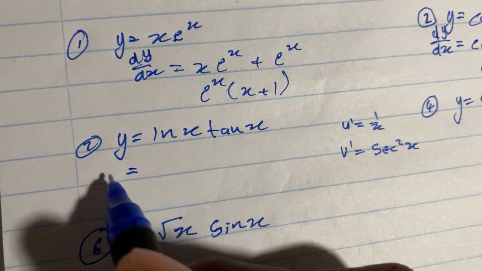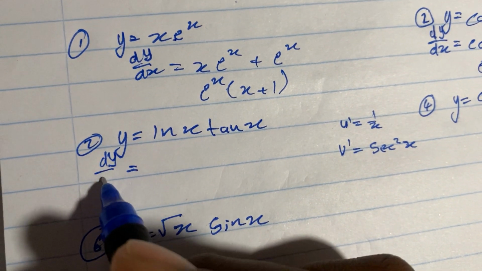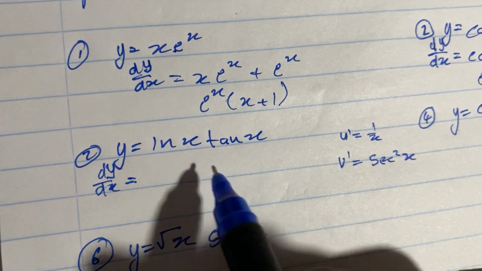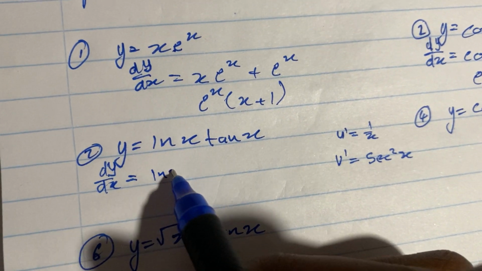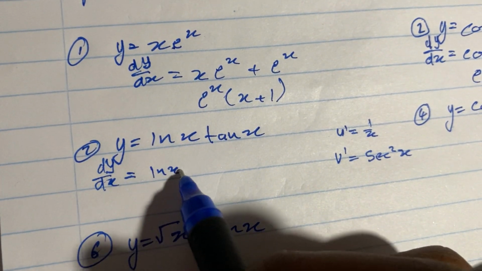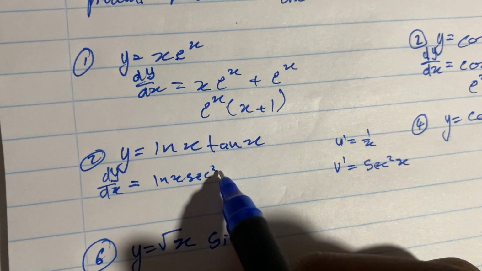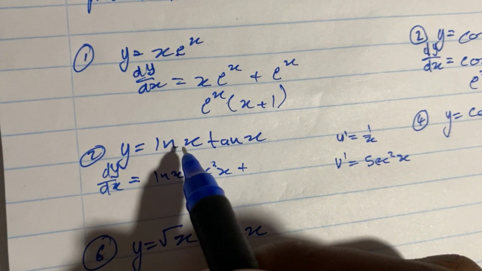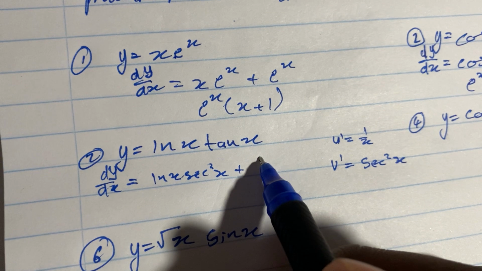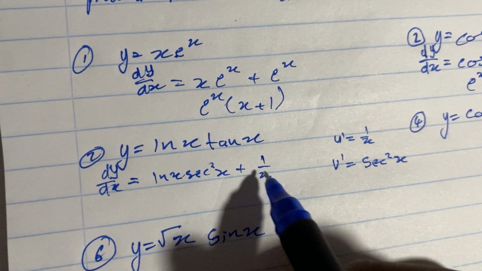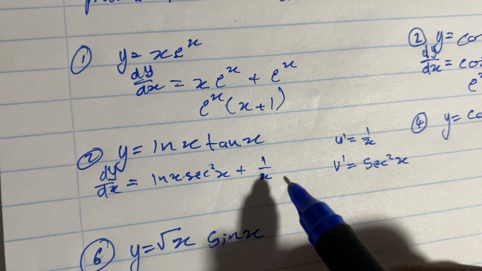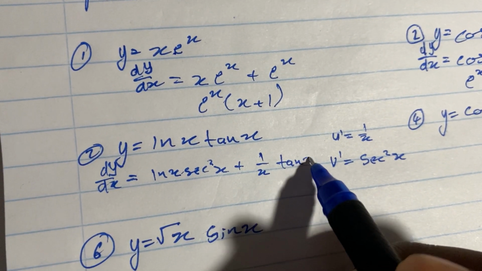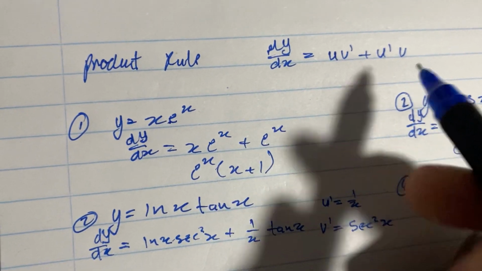So we can just say, okay, dy over dx will be u, which is just ln x, times v prime, which is sec squared x. And then this is plus u prime, which is 1 over x, times tan x, because this is just times the v.